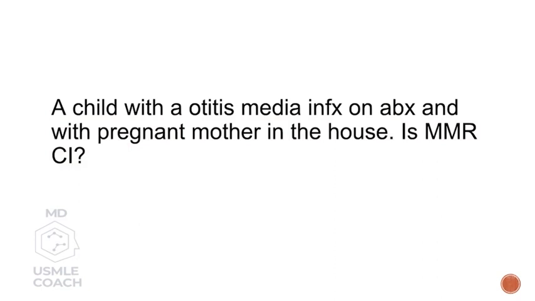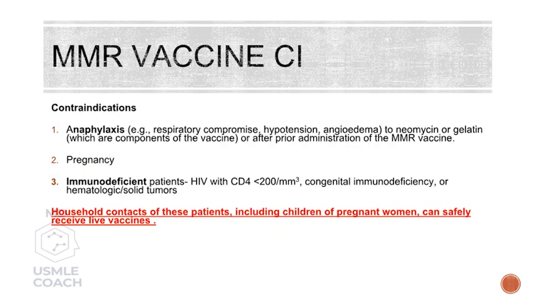A child with an otitis media infection on antibiotics and with a pregnant mother in the house. Is the MMR vaccine contraindicated? As stressed before, vaccine contraindications can be asked. Contraindications are anaphylaxis, presenting as respiratory compromise, hypotension, or angioedema, to neomycin or gelatin, which are components of the vaccine, or after prior administration of the MMR vaccine.